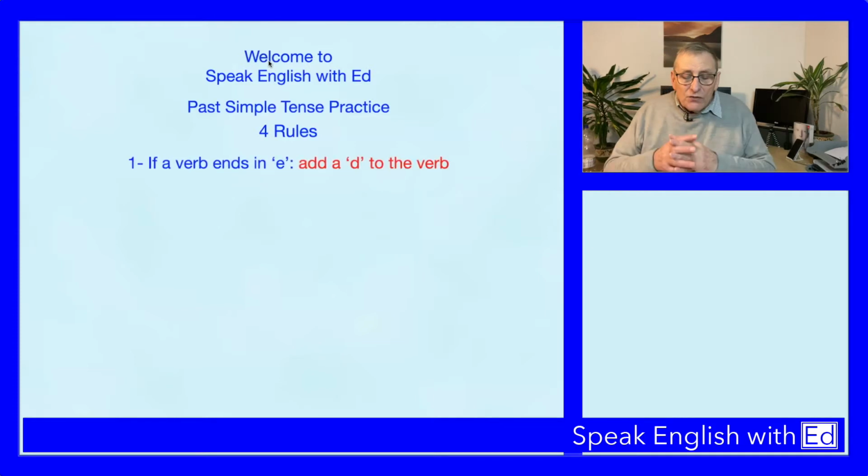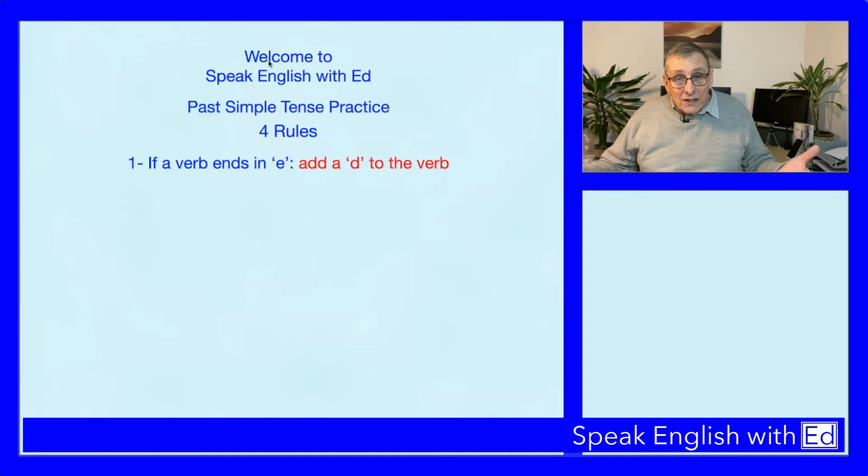Now, the first rule was that if the last letter of the verb you're trying to put into the past tense is the letter E, then you just add a D to it, and you've got it in the past tense.